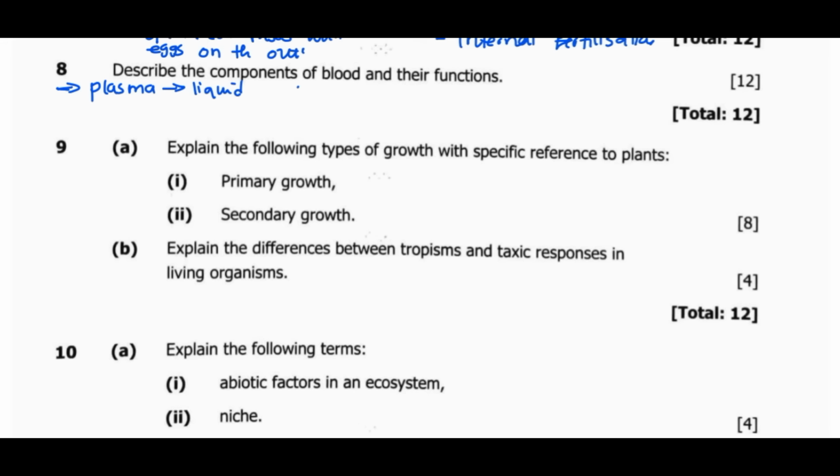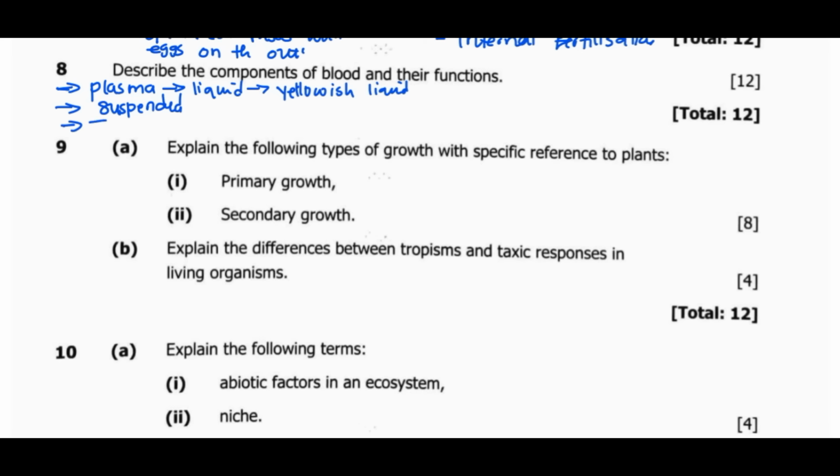In some textbooks, you may find that this is a yellowish liquid, but don't worry too much about the color. Then the function, we know that this is where the cells will be suspended. So the red blood cells, white blood cells, even platelets, these cells are found suspended in plasma.